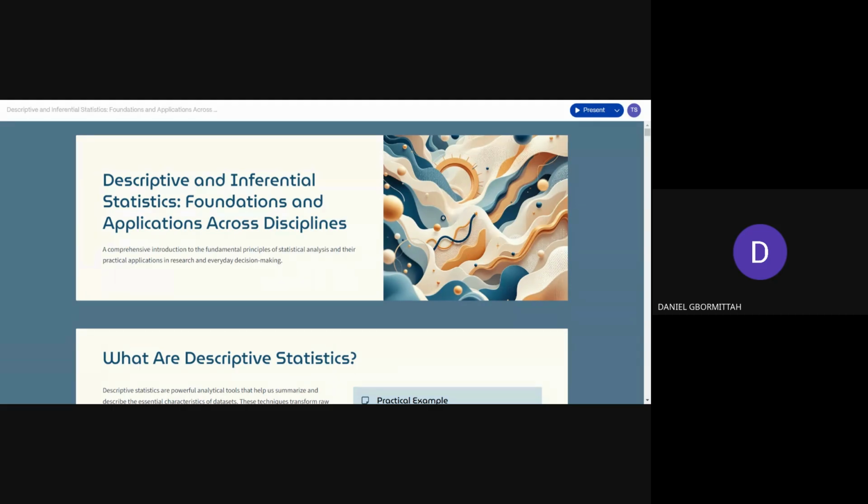So again, like you clearly said, descriptive statistics are methods used to organize, summarize, and present data so that it is easy to understand what is happening within a given group of learners or data sets.